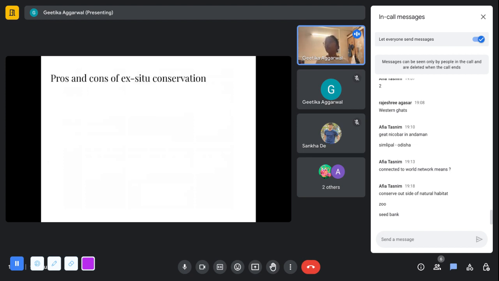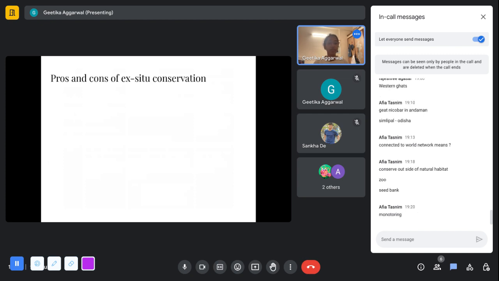Okay, so what are certain pros and cons of ex situ conservation? Let's first list out some pros of ex situ conservation. Can you guys tell me what are certain pros or certain advantages of carrying out ex situ conservation? Monitoring, yeah, you can easily monitor the species and the number of individuals and their health and things like that, correct?